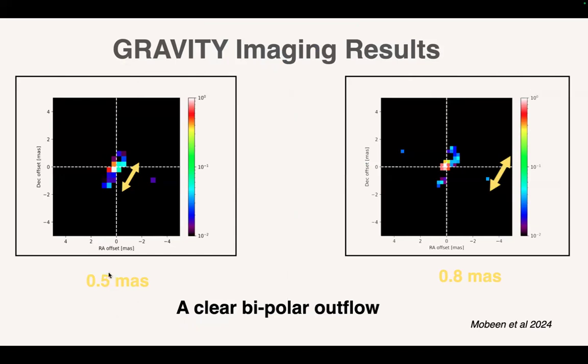So the image on the left was made using a pixel size of 0.5 milliarcseconds, and the one on the right was made using a pixel size of 8 milliarcseconds. It's good to make multiple images using different pixel sizes, because if you go for a smaller and smaller pixel size, there's a chance that you might end up producing artifacts, or you might end up confusing yourself.